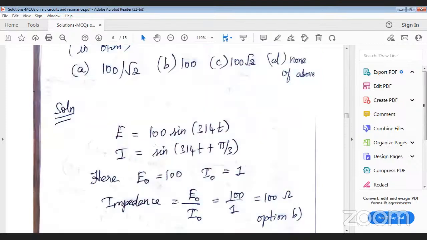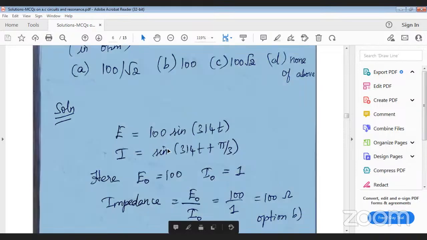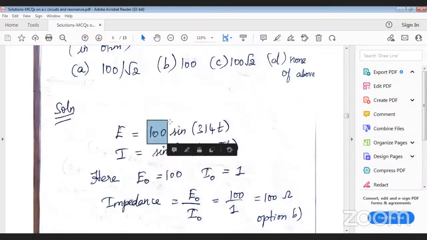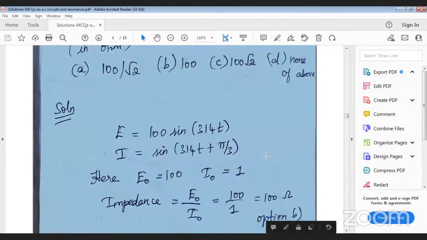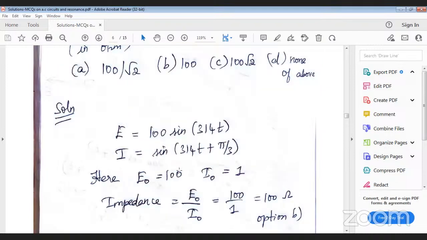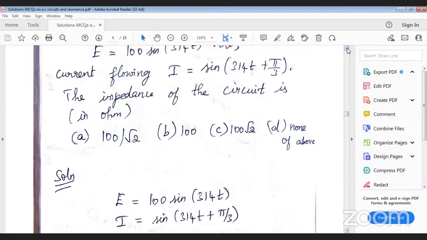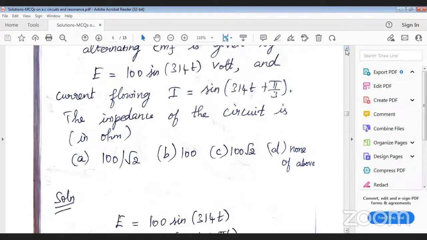For current, you don't have any term here, that means the amplitude is 1. For EMF, you have 100 here, so the amplitude is 100. So impedance is equal to E naught by I naught, the ratio of the amplitudes, that is 100 divided by 1, which is 100 ohm. So option B is the right answer for this question.